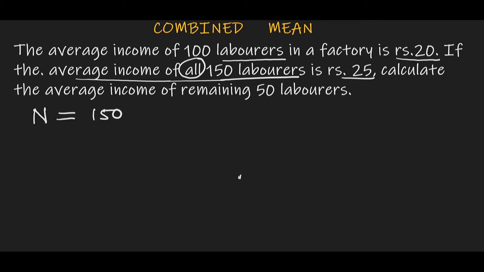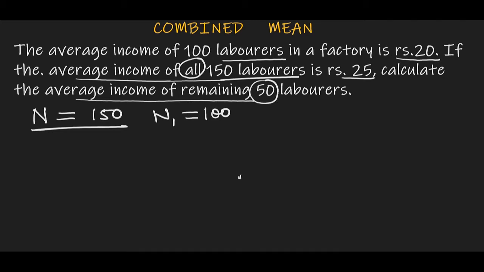So here it is written that average income of 100 laborers. Total workers are 150. All workers are 150. And in this 150 there are laborers whose number is 100. It means N1 is 100. And then we have to calculate average income of remaining 50 laborers.